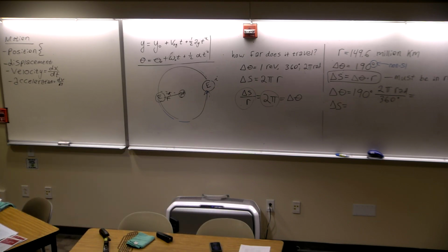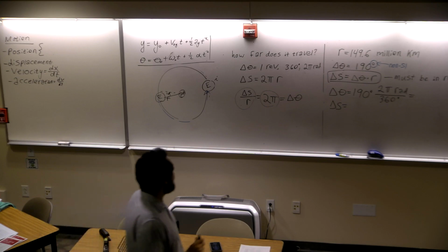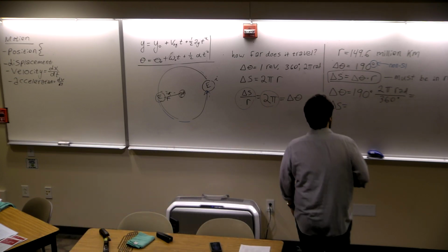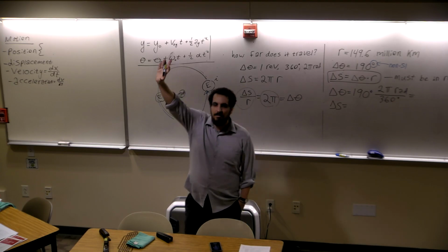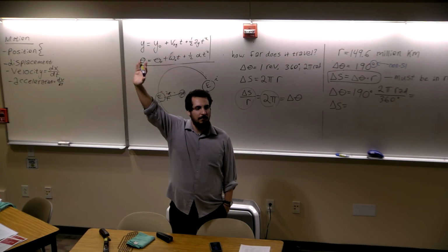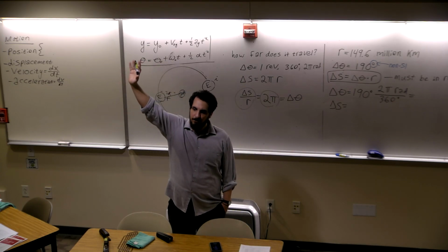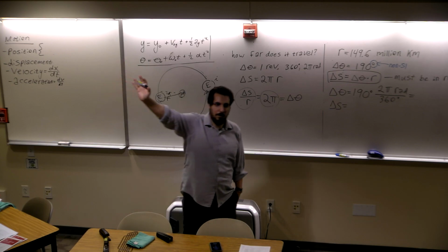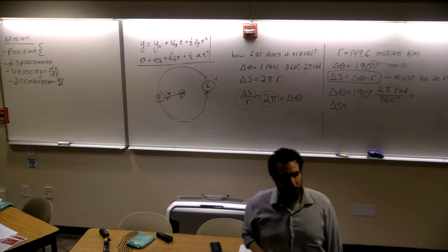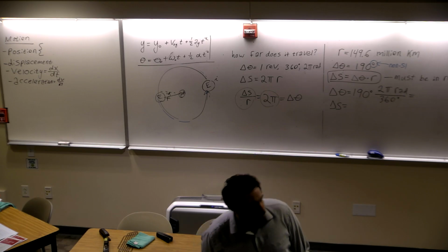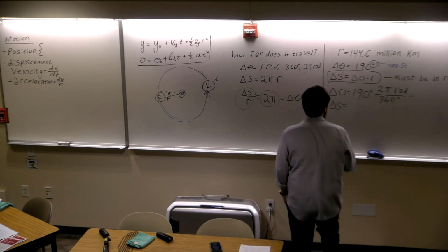Raise your hand if you want a little bit more time to find the arc length of the path. All right, seems like we're mostly there. Does someone want to venture a guess as to what the arc length is? I will randomly call on someone if no one raises their hand. 494 million.